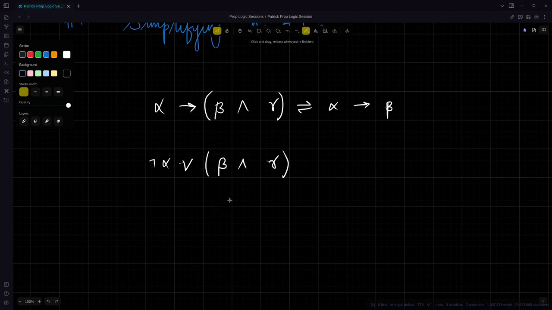And then it looks like we could maybe do a distribution. So how would you do that? It'll be not alpha in brackets, or beta, and alpha or gamma. No, not alpha or gamma. Yeah, not alpha.